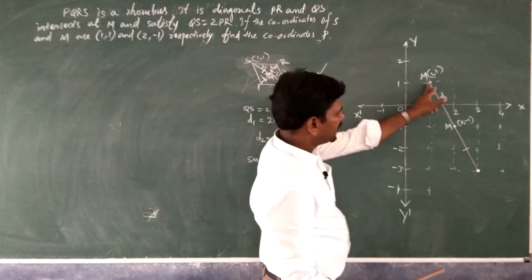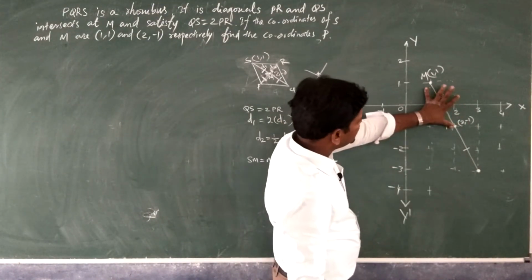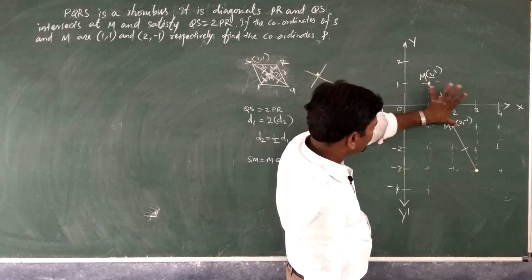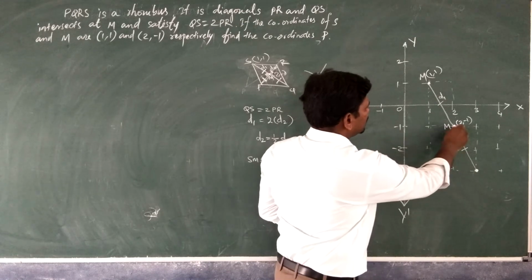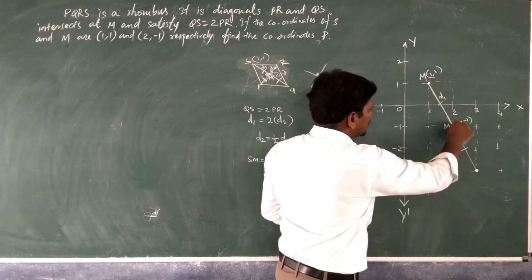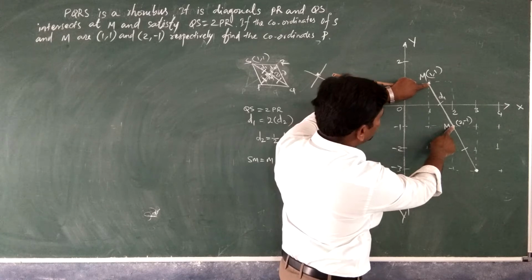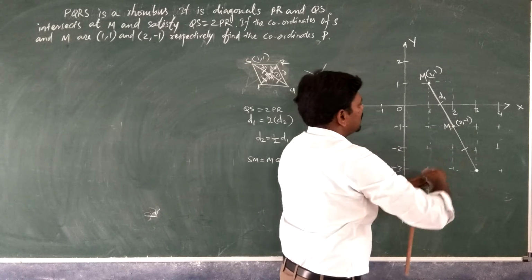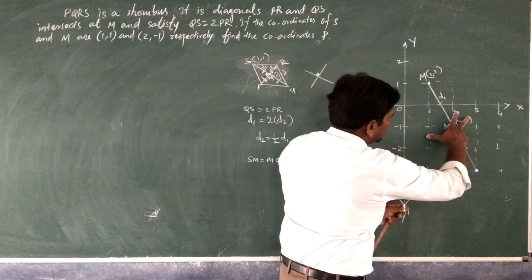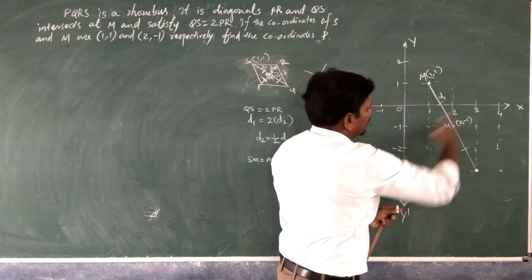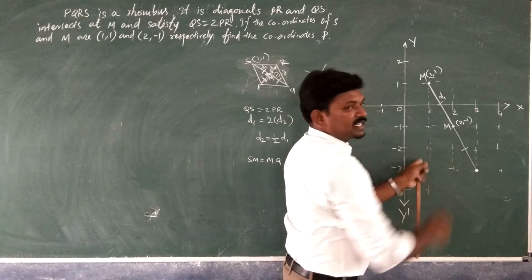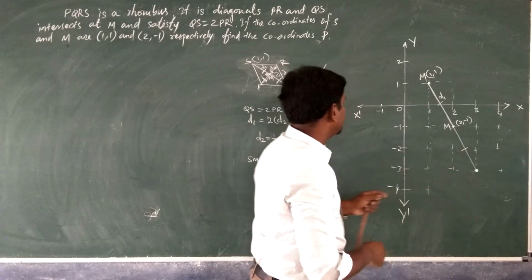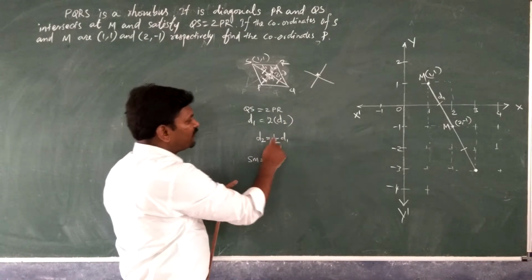So the entire diagonal is D1, and these are all halves of D1. The length of this half diagonal will be the length of the second diagonal. If we take this line and keep it in a right angle position, the line segment is the second diagonal, because D2 is half of D1.